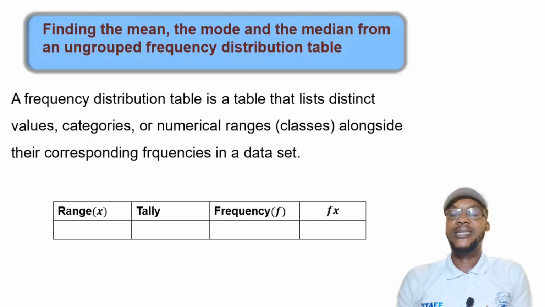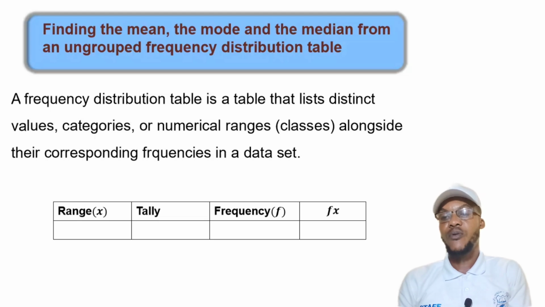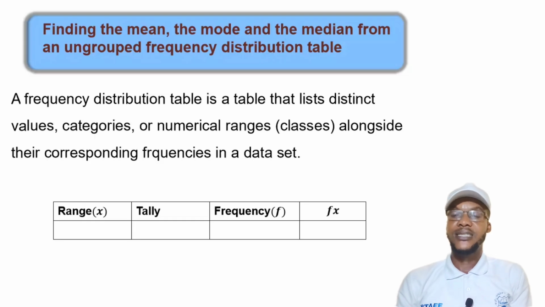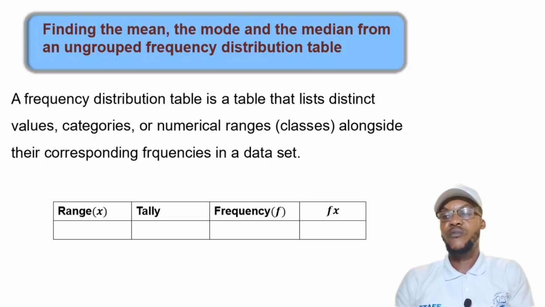The tally talks about the number of times each of the values appears. The frequency also talks about the number of times, depending on the tally. Then fx is the product of the range and the frequency.